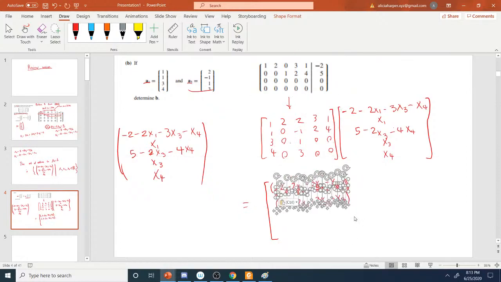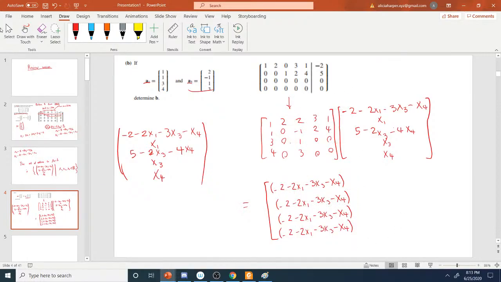So I'll put that here, I'll put that here, I'll put that here, and here it's going to be next to a 1, a 1, a 3, and a 4, and then it's going to be plus 2x1, and then plus 2 times 5 minus 2x3 minus 4x4, and then plus 3x3 plus 4x4. Oh wait, 3x3 plus 1x4.